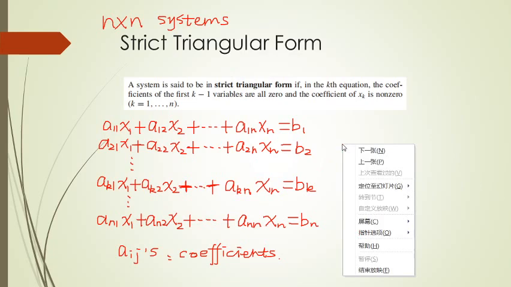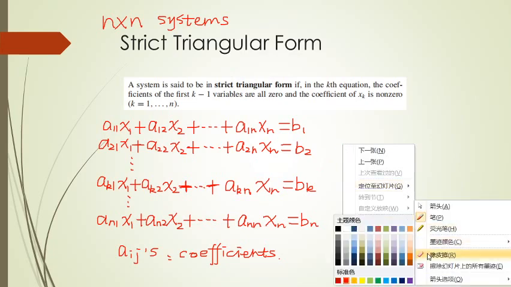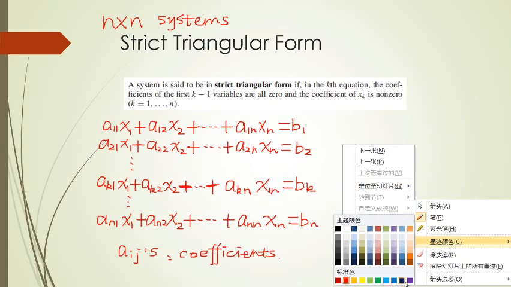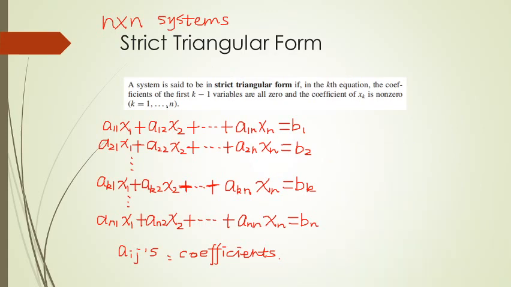Now, what does this mean? For the kth equation, the first k minus 1 variables have zero coefficients. So we have x1, x2.